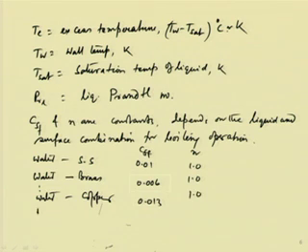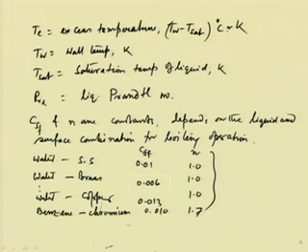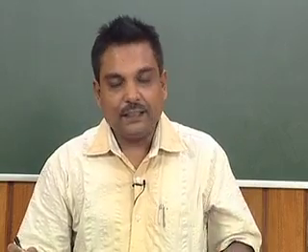Similarly, benzene and chromium, it is 0.010 and 1.7. So, these are the typical ranges of the values. That is what I just wanted to highlight, that when we will be solving these problems, we may have to make use of these values of the constants before applying the equations.